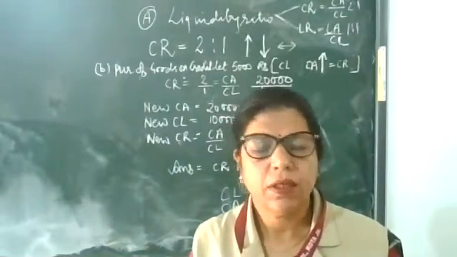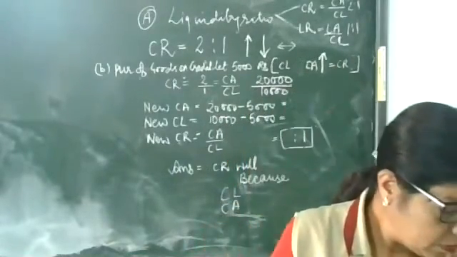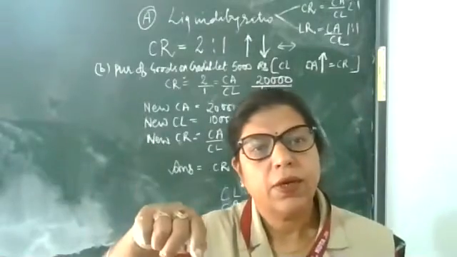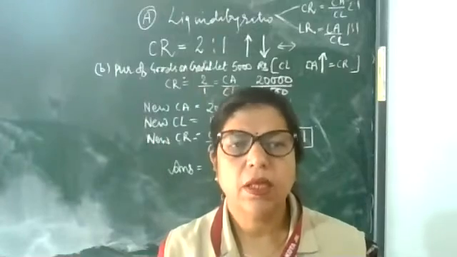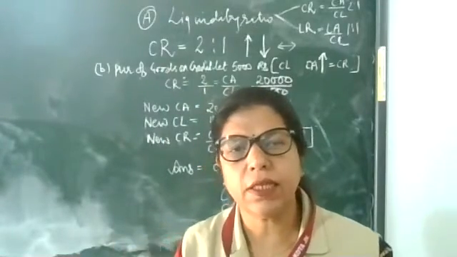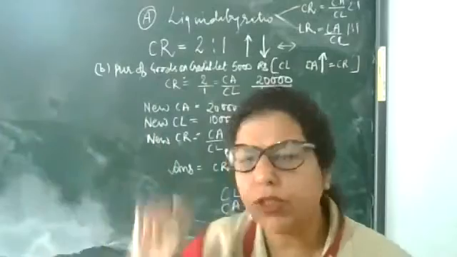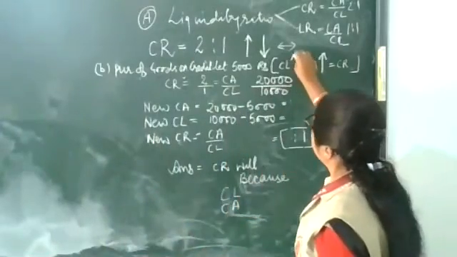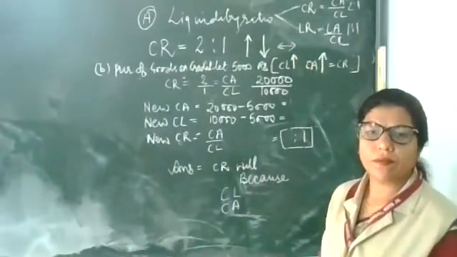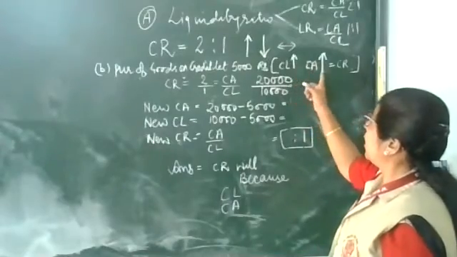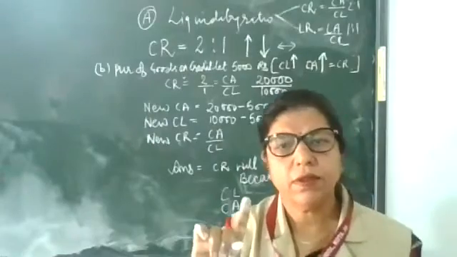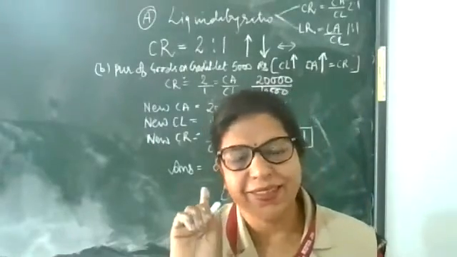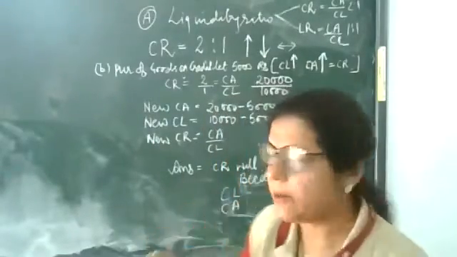On credit means creditors will increase, it means current liabilities also increase. Both are increasing.